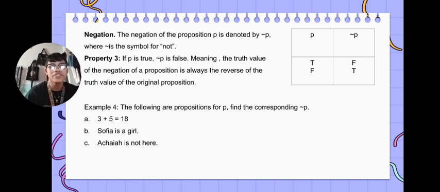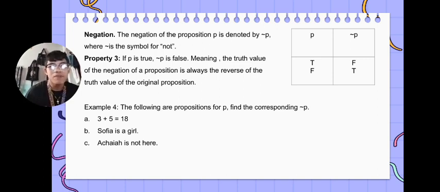Next, negation. The negation of the proposition P is denoted by ¬P. The symbol for negation is a line that looks like a reversed hook, and it means "not".